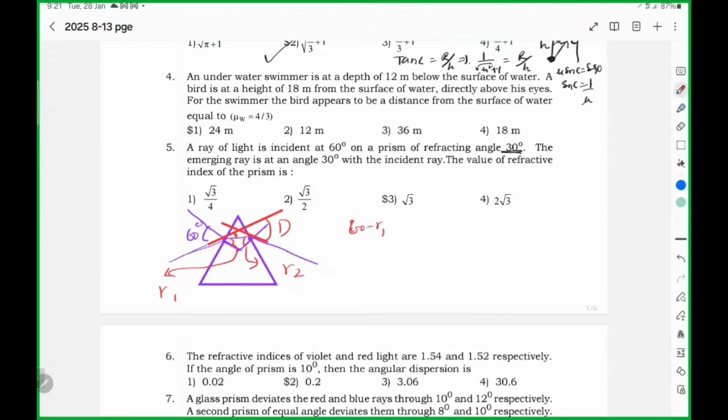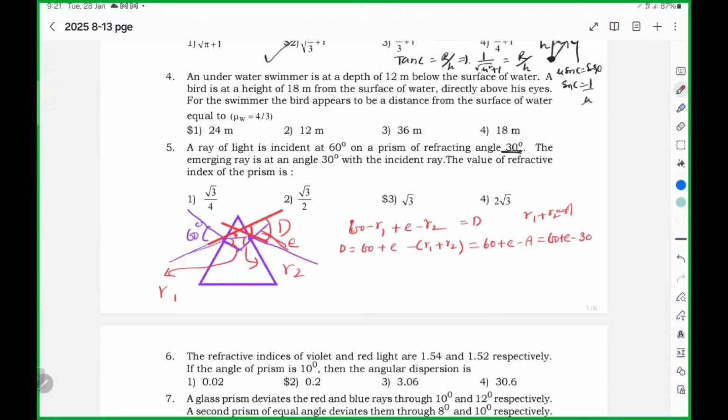And this one is the angle of emergence. Angle of emergence minus R2, which is the deviation. So deviation is 60 plus e minus R1 plus R2. We know that R1 plus R2 is A. 60 plus e minus A. The given refracted angle is 30.